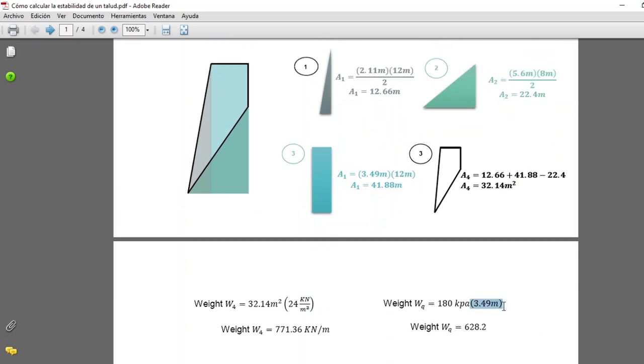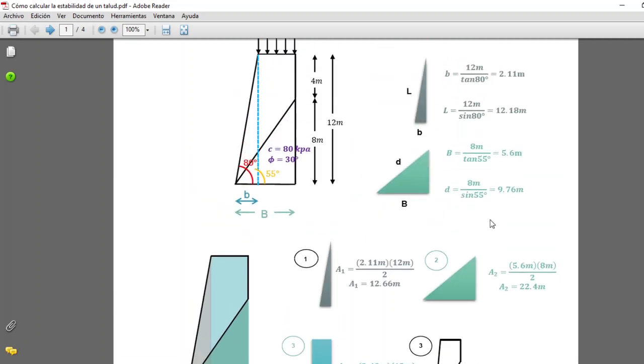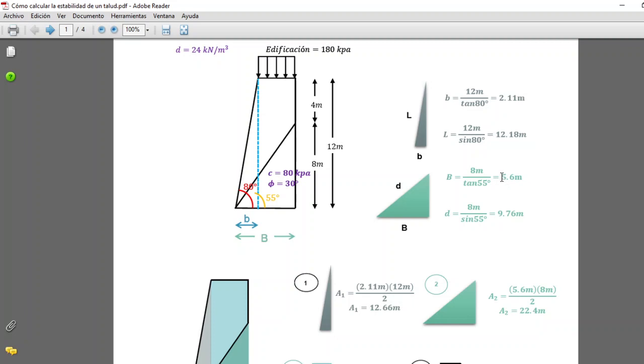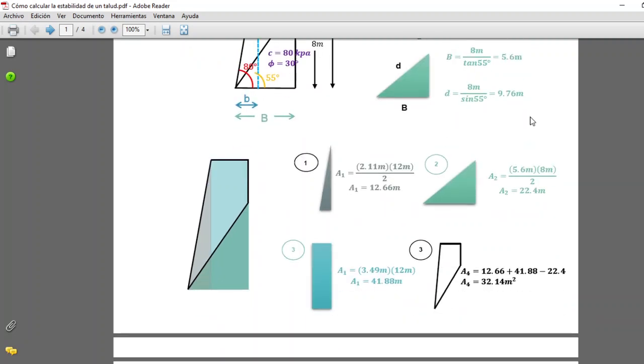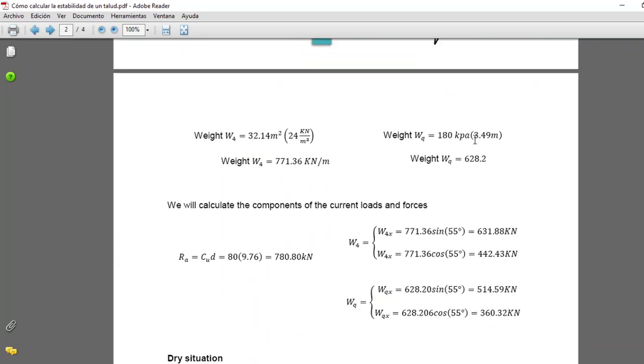We know this distance: 5.6 meters less 2.11 meters, and we know this distance. And we have the result, 628.2 kilonewtons per meter. Sorry, I forgot that.